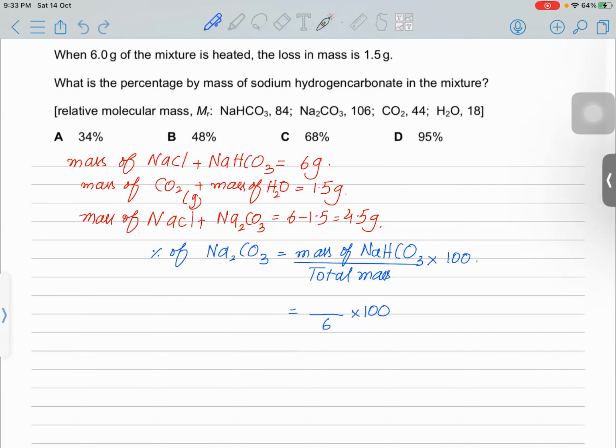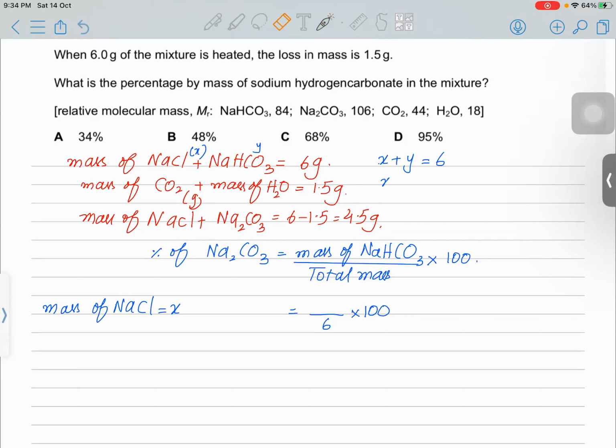Let's suppose the mass of NaCl is X and the mass of NaHCO3 is Y. So X plus Y is equal to 6, right? Yes, sir. Can you repeat?